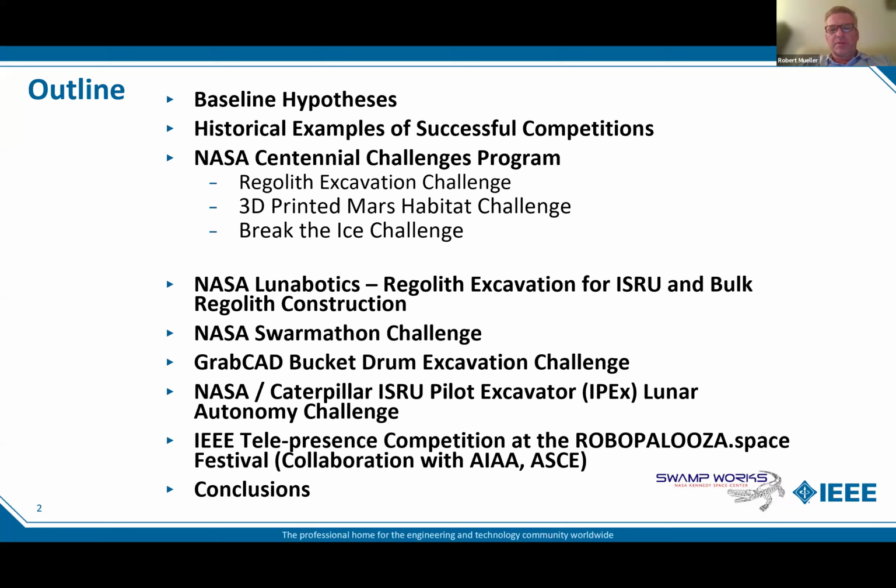Then this year, Caterpillar sponsored a joint competition for universities for lunar autonomy, and that was with NASA and the Lunar Surface Innovation Initiative, the Lunar Surface Innovation Consortium at Johns Hopkins University. Well, that just ended this summer in May actually, and that was successful.